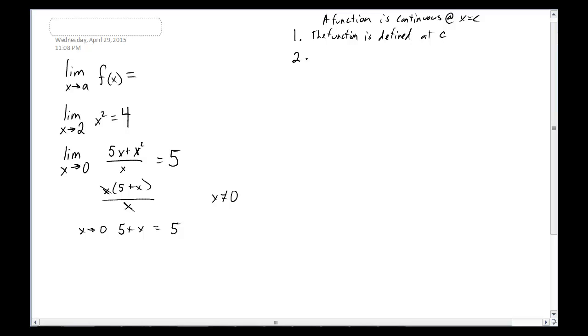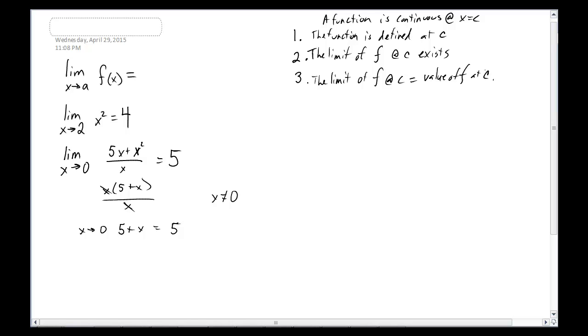Number 2, the limit of f at c exists, which means I can do what I just did. I can find the limit. And number 3, the limit of f at c is equal to the value of f at c.